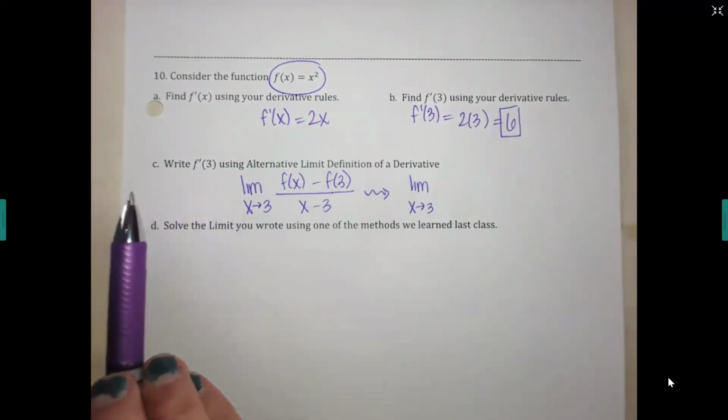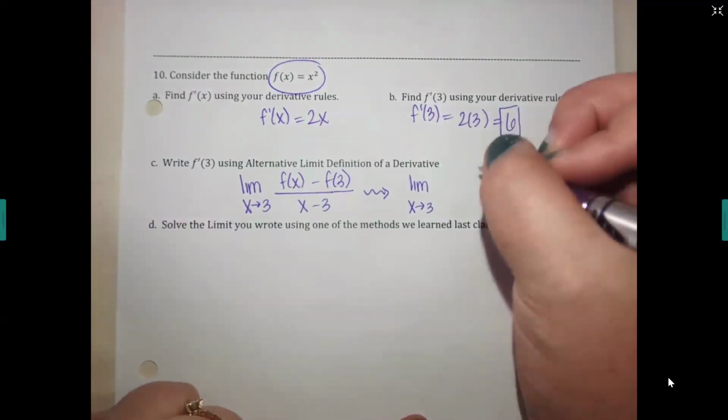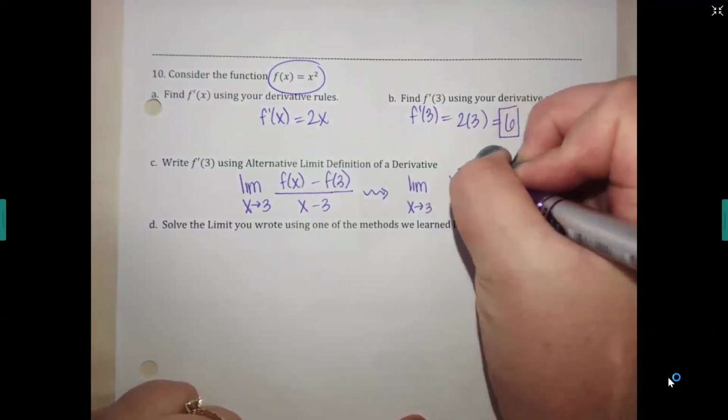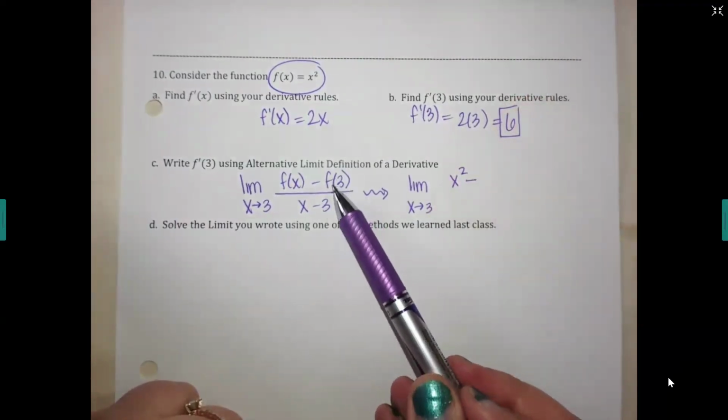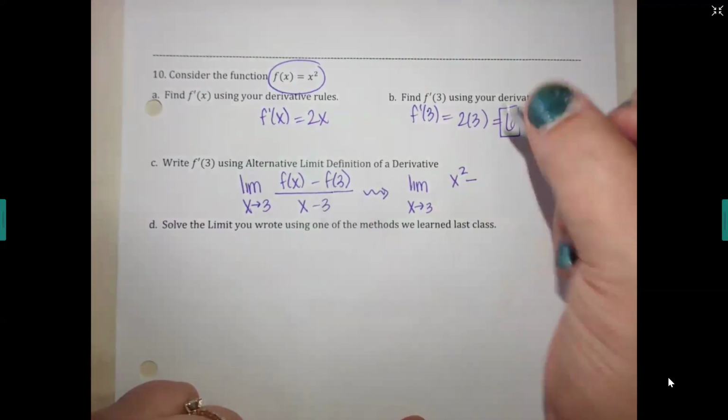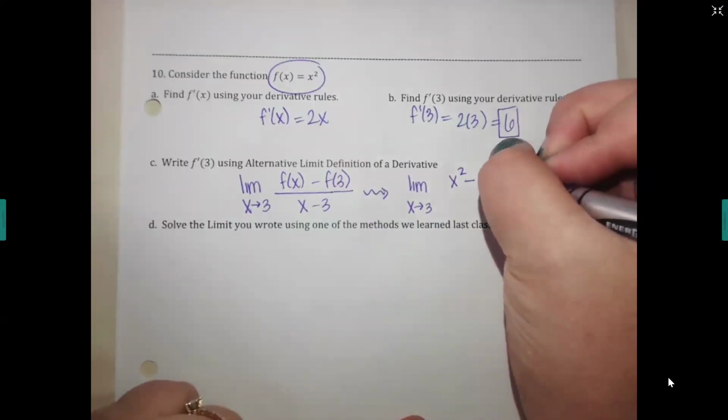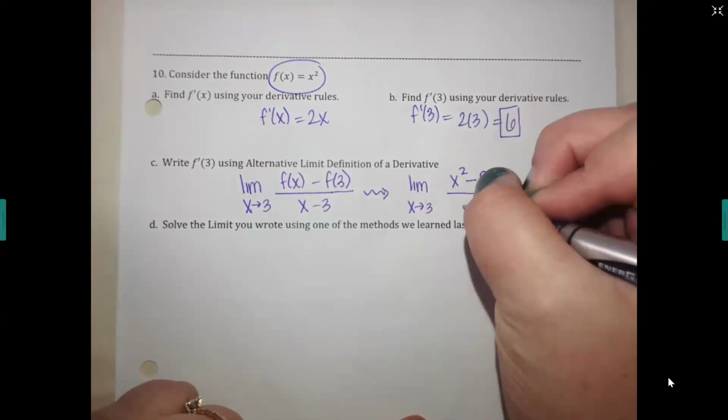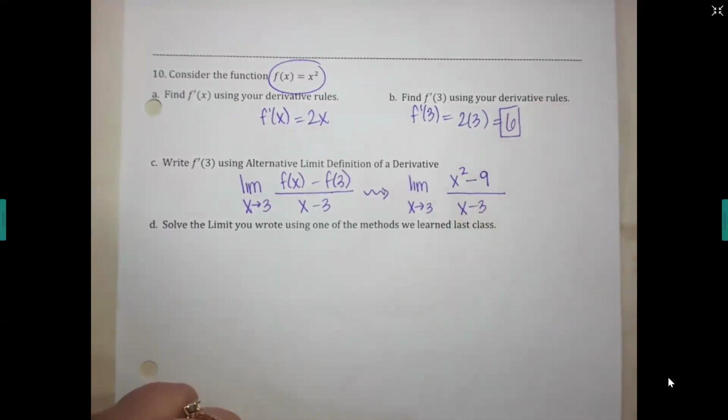So f of x is what function? X squared. And then f of 3 would be 3 squared, which is 9.